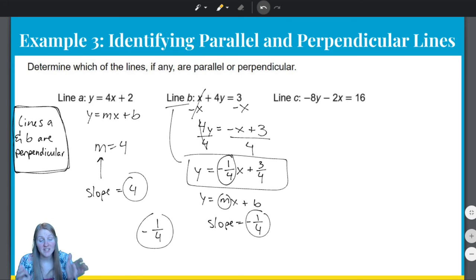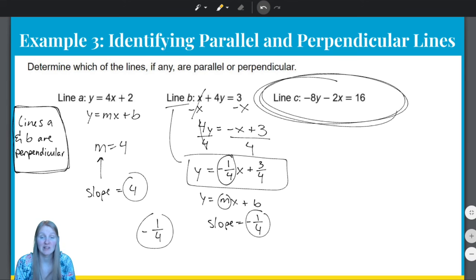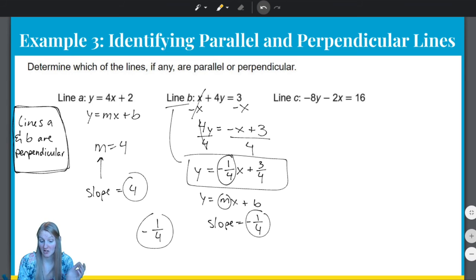Okay, but we're not done yet because we have another line. So is line C also perpendicular to A? We don't know. So let's put line C into y equals mx plus b form. Let's solve for y. So first I need to move the 2x over.